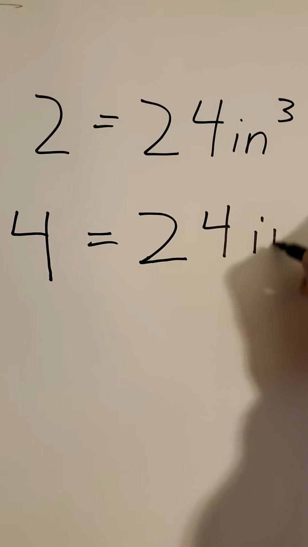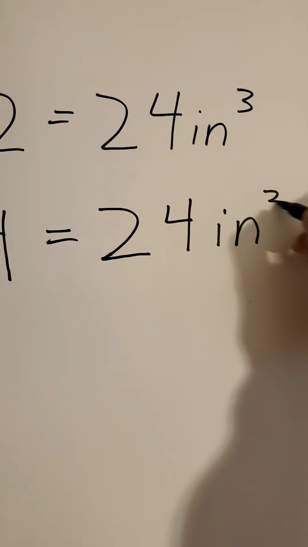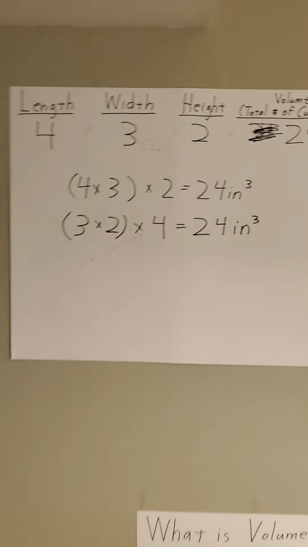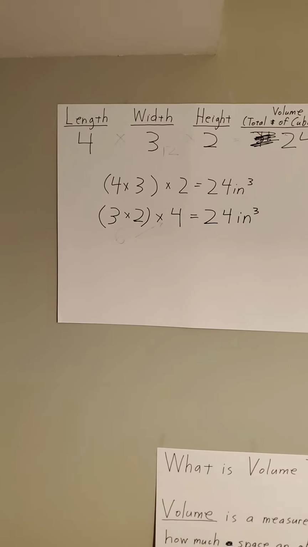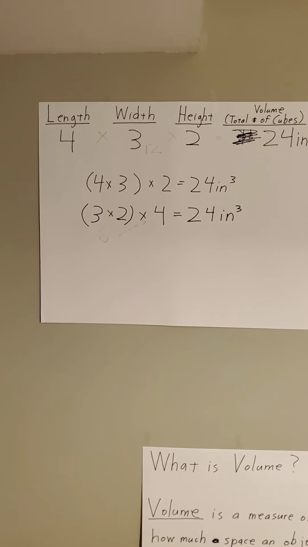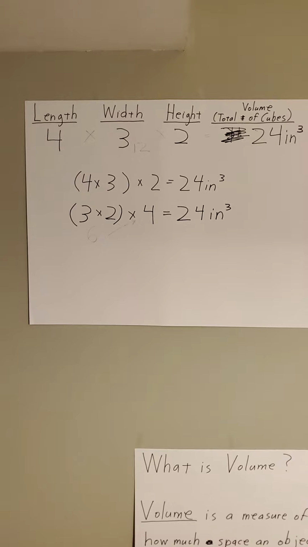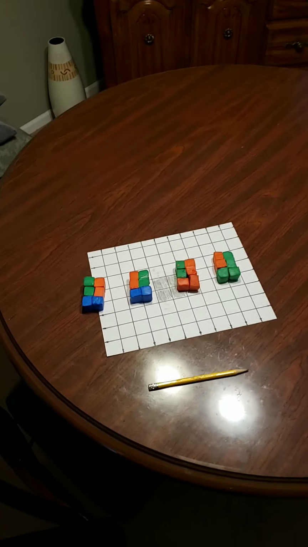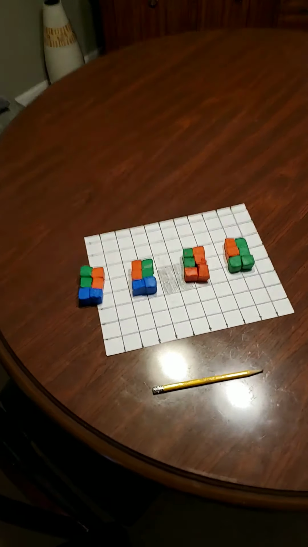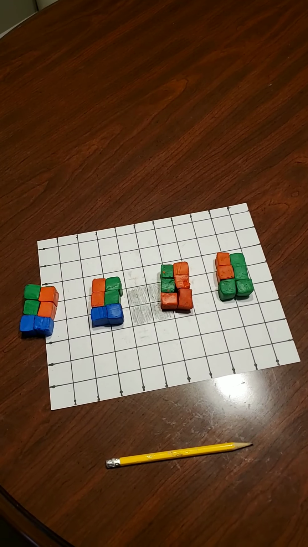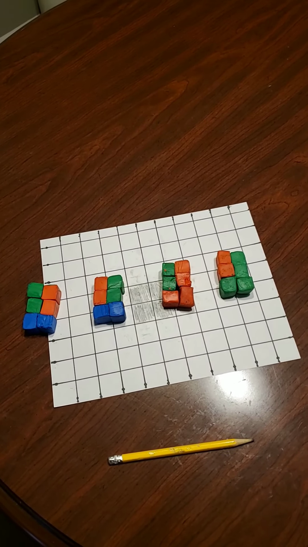Since we're finding the volume, 24 cubic inches. So 3 times 2 times 4 equals 24 cubic inches. This represents another way that I can take our rectangular prism and break it up to make an equation that still represents the same volume.